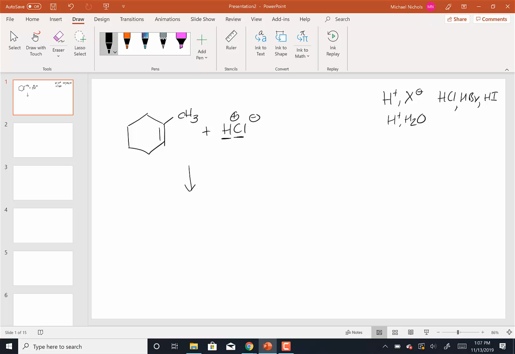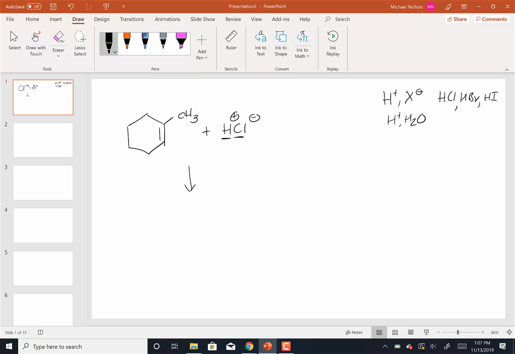Okay, and what's its source of electron richness? The pi bond of the double bond is what makes it electron rich. Okay, so what is it going to react with, H plus or Cl minus? H plus, okay, because it's electron poor.